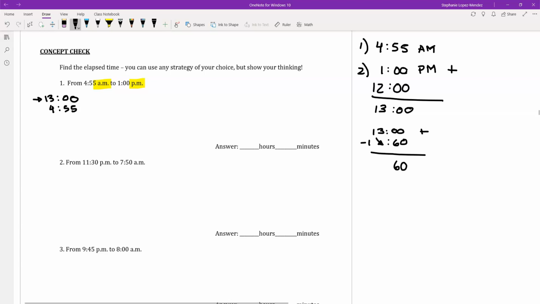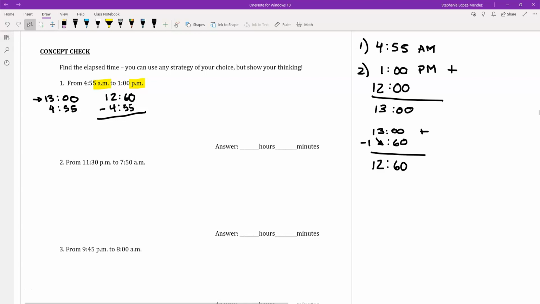That means that I need to subtract 1 hour from 13. So 13 minus 1 is 12. Now let's see if that works. I write 12 hours and 60 minutes instead of the 13, and I subtract 4 hours and 55 minutes. If we check, 12 is greater than 4. Yes. And 60 is greater than 55. Yes.